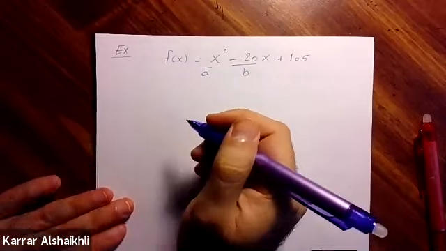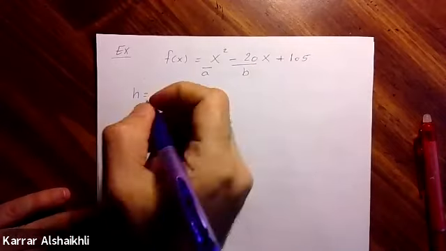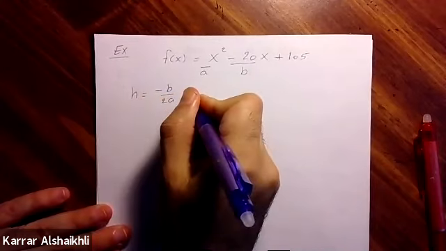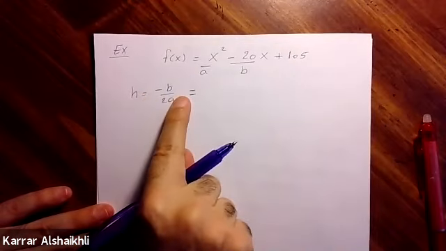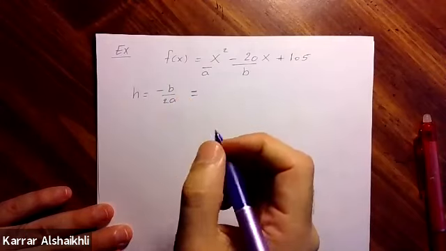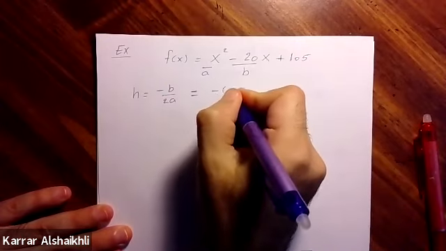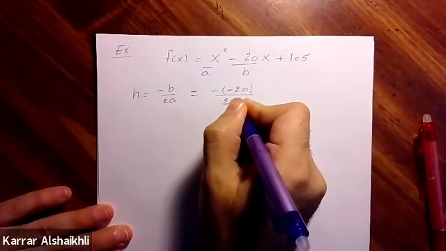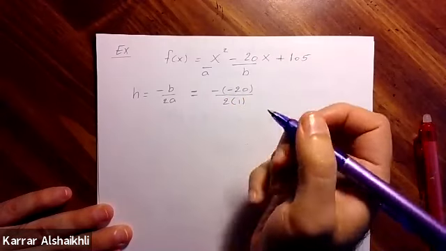So now to find the vertex, I'm going to find the h. Using the formula, h equals -b over 2a. Be careful again, there is a negative sign with the formula. So in this case, it's going to be -(-20), the negative from the formula and the -20, over 2 times a, which is 1.